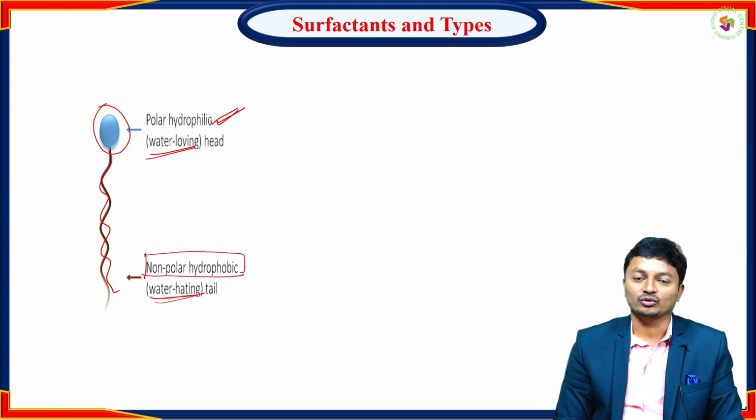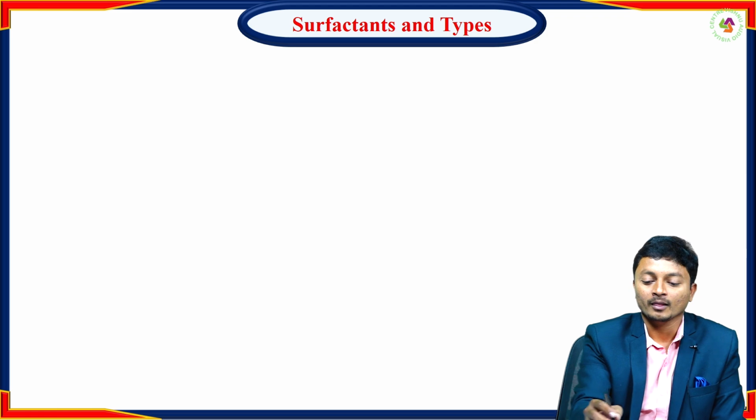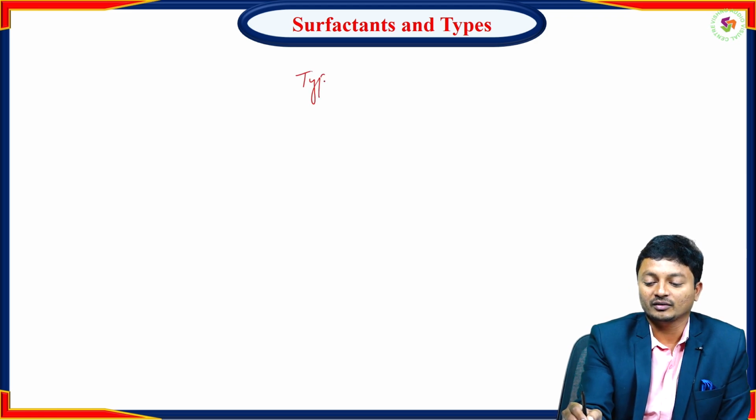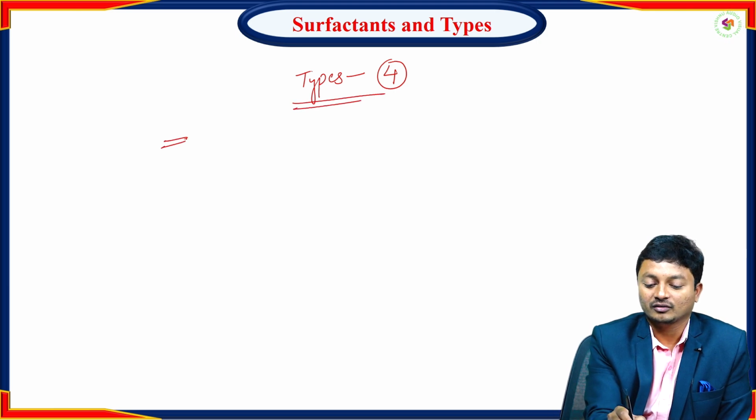Next, coming to the different types of surfactants. Here we have majorly four different types. First, anionic surfactants.